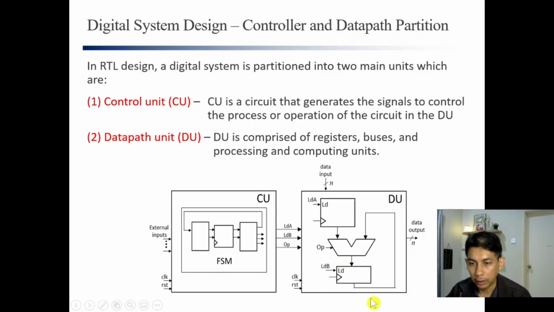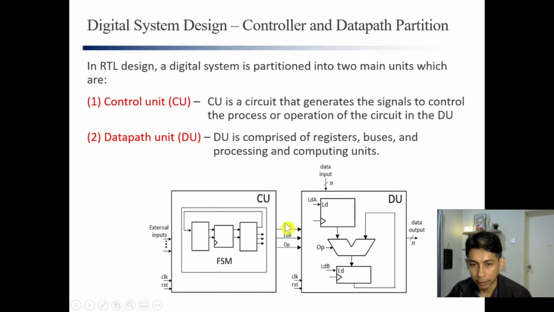That we call the DU, data path unit. And CU is used to control the operation of this. It will generate the required signals to control the operation.